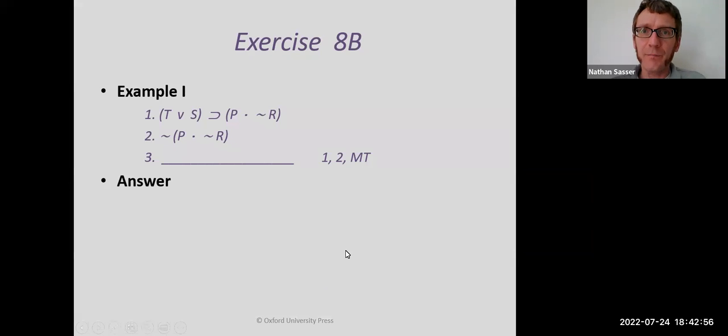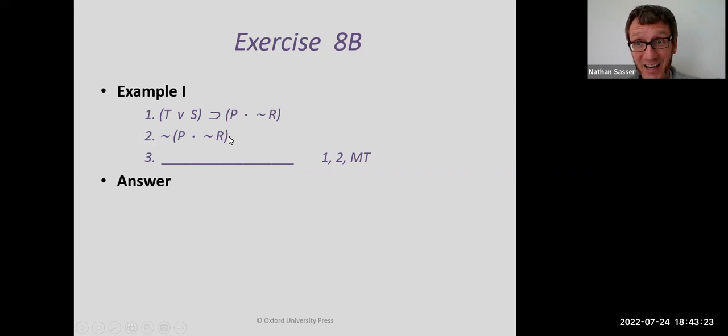All right, an example here. Let's say you're given as a premise, if T or S, then P and not R. But it's not the case that P and not R. Now, if you apply modus tollens to lines 1 and 2, what's the conclusion that follows? Here's your conditional. Here's the negation of the consequent.